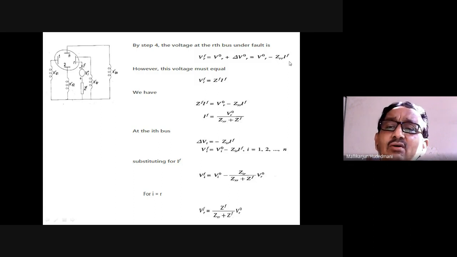This is the voltage prevailing after the occurrence of a fault. This is one way of computation from the previous initial estimate or initial values.